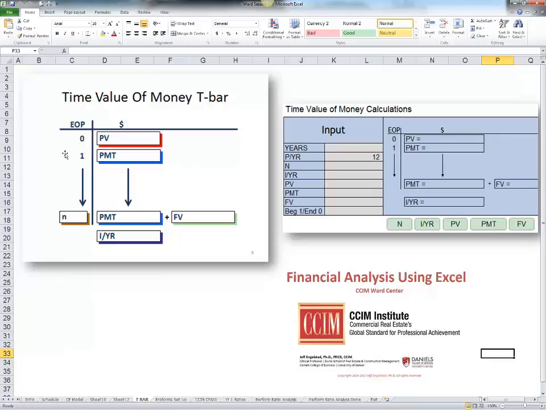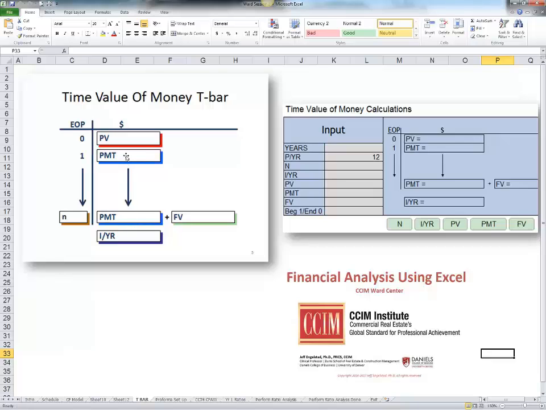What I like about this in terms of time value of money calculations is the fact that the positions are fixed. Present value can only exist at time period 0. It can't be anywhere else. Present value doesn't like to live anywhere else but time period 0. Payment, in order to be payment, has to be an equal amount and has to be equally spaced throughout the holding period.